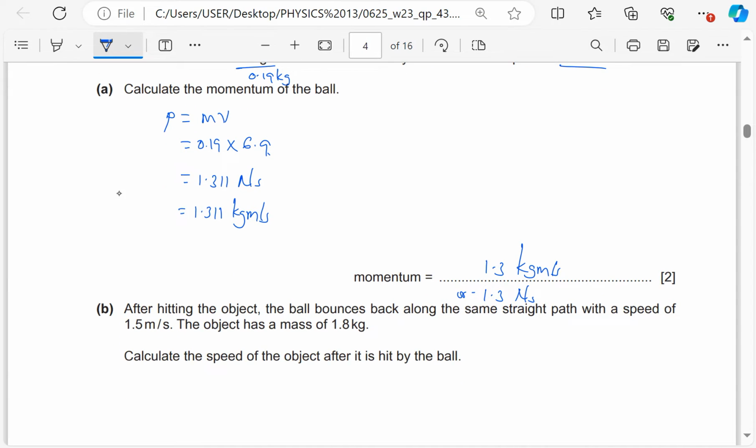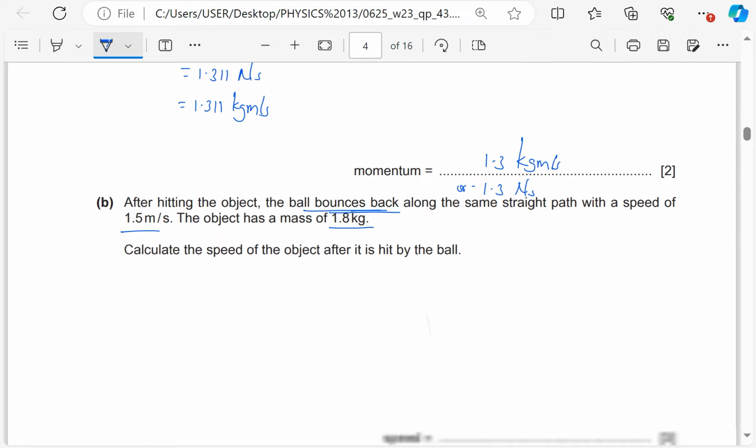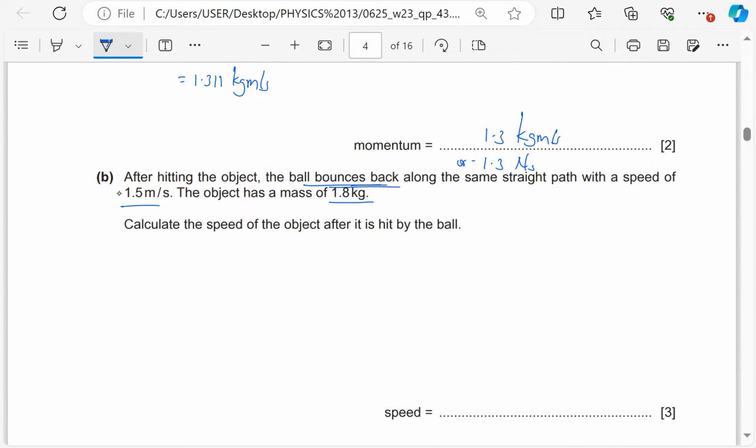After hitting the object, the ball bounces back. That means there's a change in direction. That means if one direction is positive, the other direction should be negative, since momentum or velocity is a vector quantity. It bounces back along the same straight path with a speed of 1.5 meters per second. The object has a mass of 1.8 kilograms. Calculate the speed of the object after it is hit by the ball.